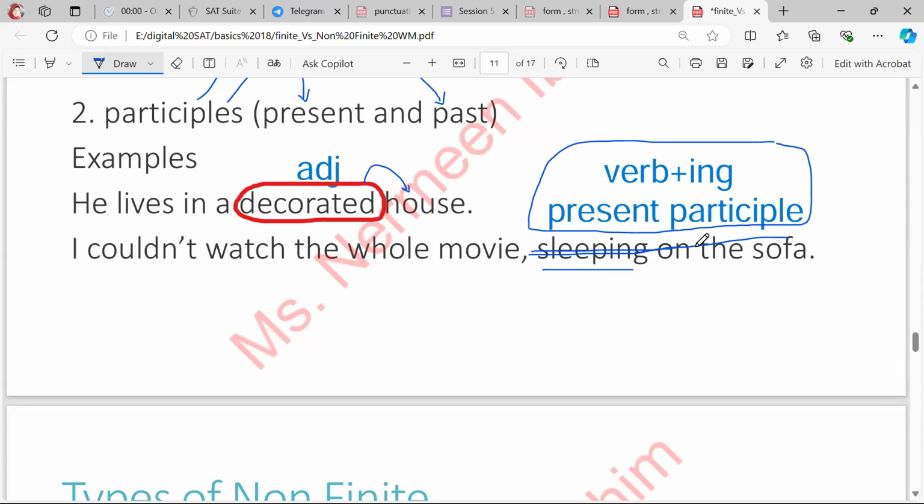Can I eliminate this and the sentence can still make sense? I couldn't watch the whole movie. Yes, I can get rid of this and the sentence still makes sense. So this one is a present participle, not a gerund. Okay? So this is the first difference between a gerund and the present participle.